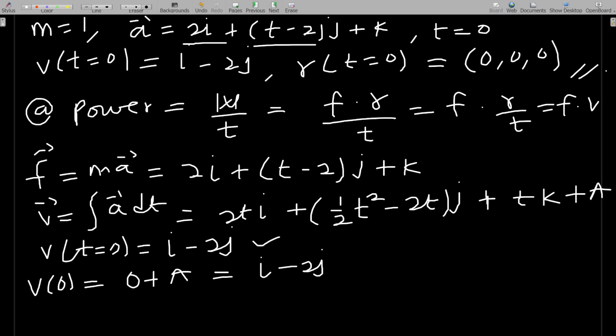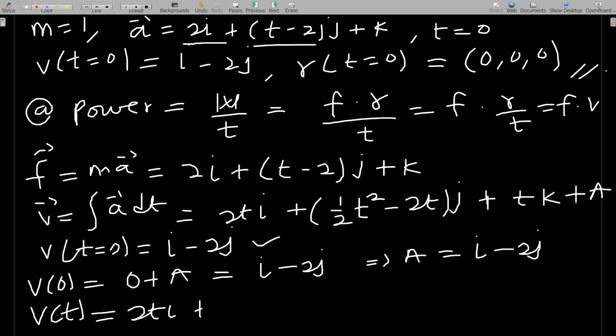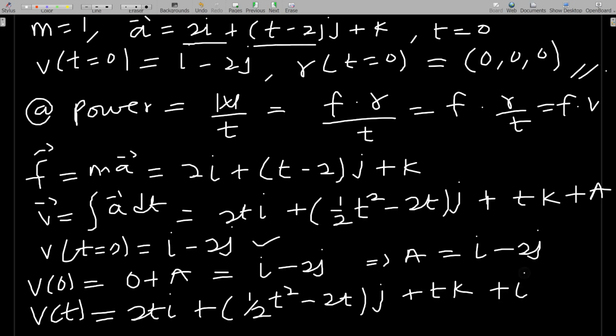So my A is simply equal to i minus 2j, which also says that our velocity at any time t is equal to 2ti plus (half t squared minus 2t)j plus tk, plus our A, which is i minus 2j.